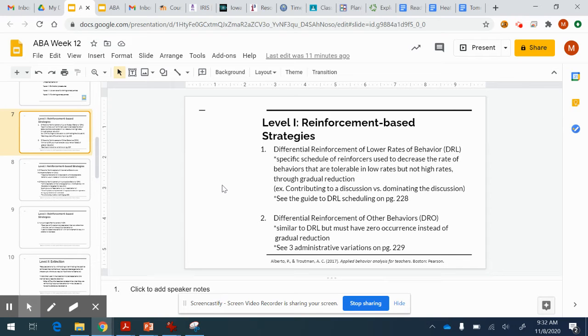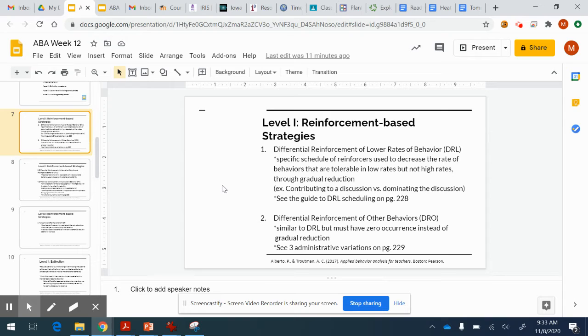Okay, so when we talk about level 1 reinforcement-based strategies, the author offers 5 different types. And I can honestly say that I have never sat in a meeting and said, we're using DRL, or differential reinforcement of lower rates of behavior. However, they're terms that are great to know, because even though we don't necessarily think of them in terms, it does offer us different ways to provide reinforcement strategies when we're coming to a roadblock.